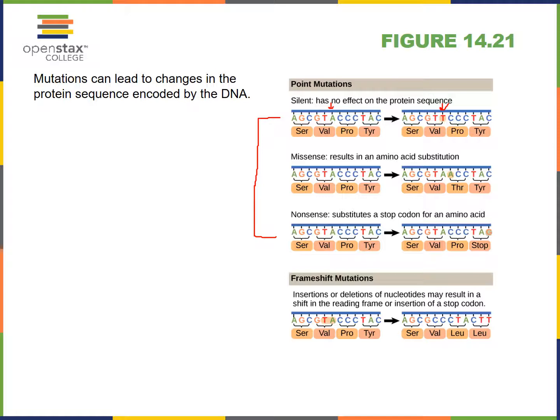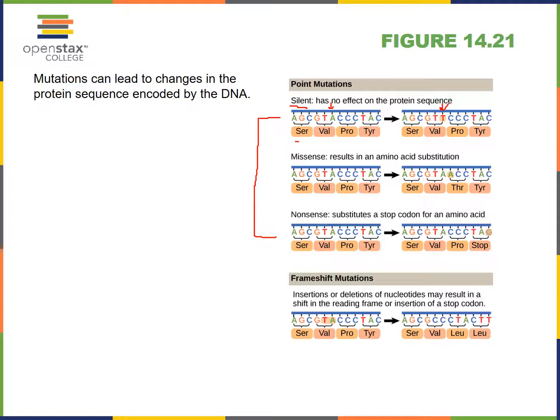Point mutations happen all the time. Several of them are silent. And silent point mutations have no effect on the protein that a gene builds. So proteins are polymers of amino acids, and their structure and function depends on the order of these amino acids.